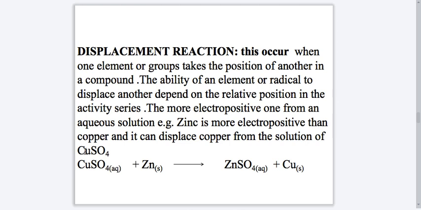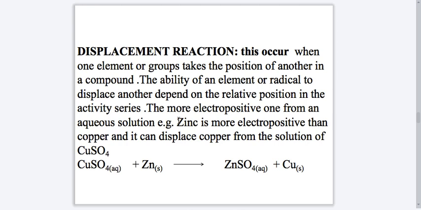The compound here is copper(II) sulfate. That's an example of a displacement reaction. It's a reaction in which one element or group takes the position of another in a compound due to their position in the activity series.